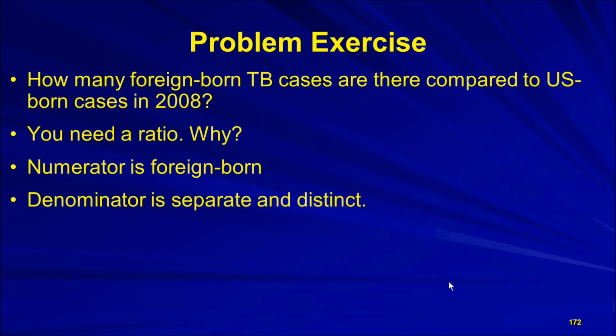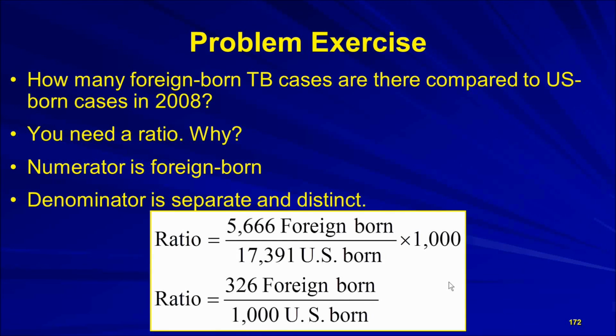The denominator is separate and distinct, and it is U.S.-born. So this is the type of division that we would come to, and then we would want it per 1,000 cases.